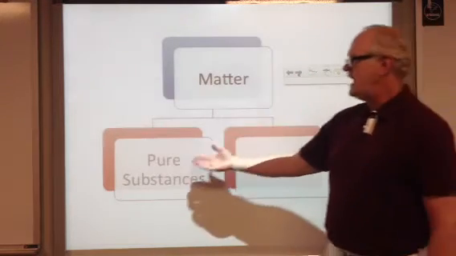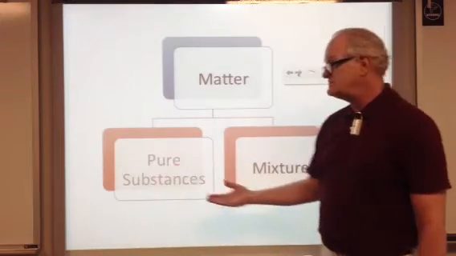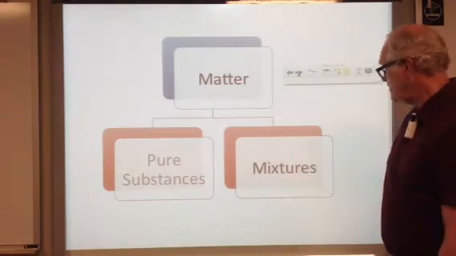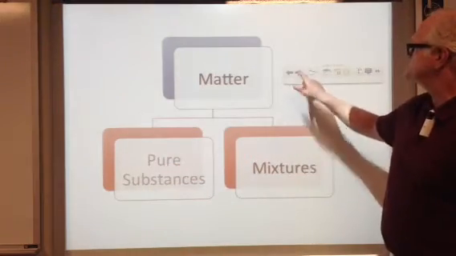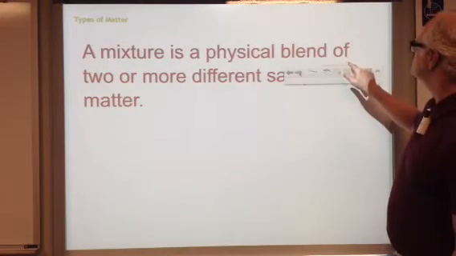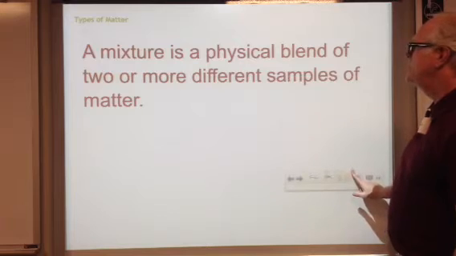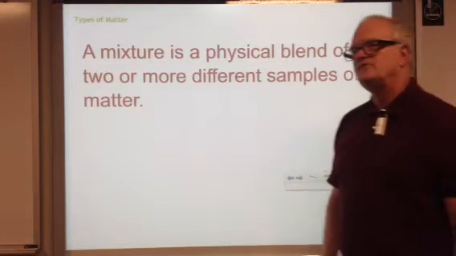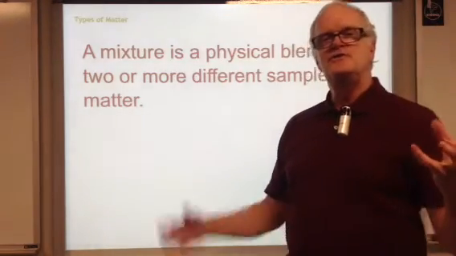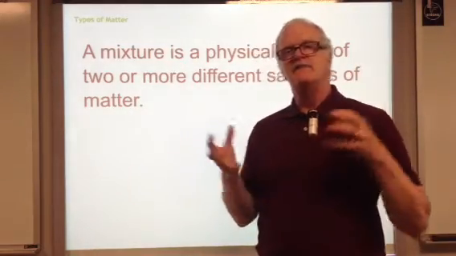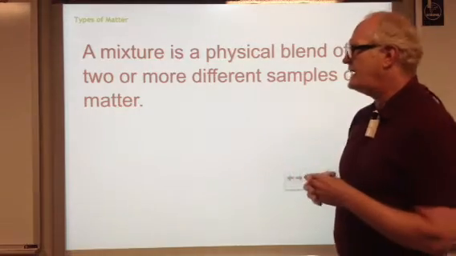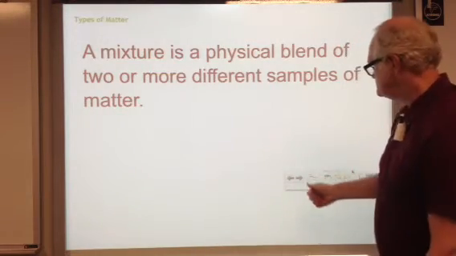So matter that does not fall into the category of pure substances falls into the category of mixtures. So some matter is pure substances, some is mixtures. A mixture is a physical blend of two or more different samples of matter. So if we take two different types of material and combine them together and they don't chemically react, then we have a mixture.